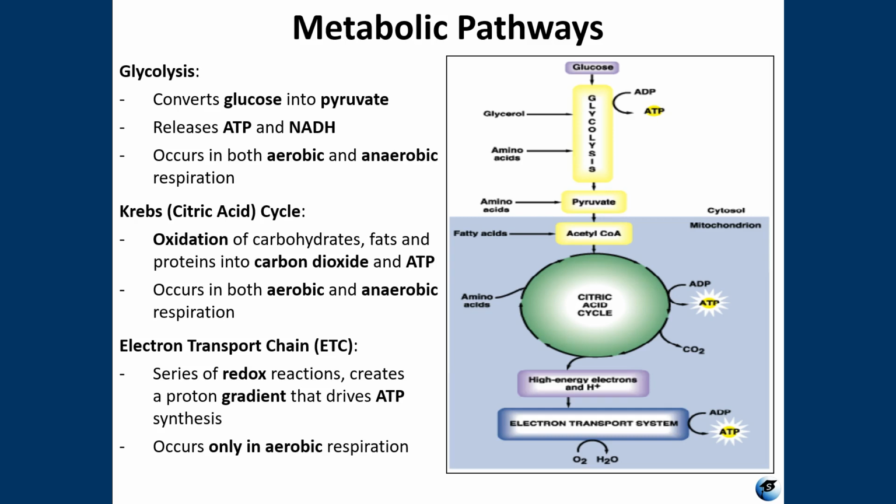Then you have the ETC, the electron transport chain. The electron transport chain comprises a series of membrane-associated protein complexes and associated mobile accessory electron carriers. So these electron carriers pass electrons along in the ETC, and it all happens because of their redox potential.